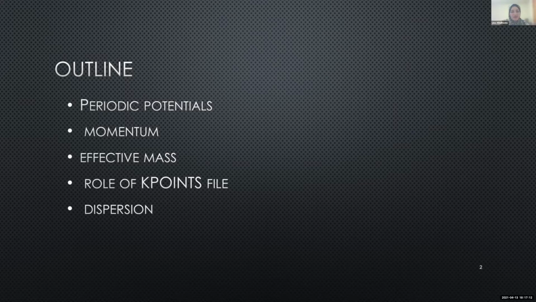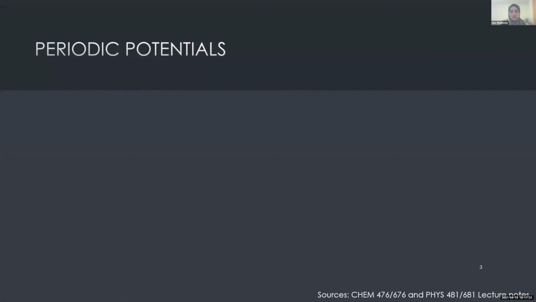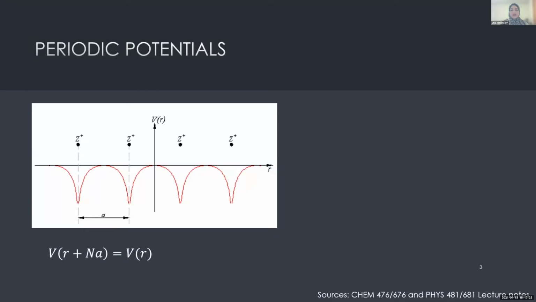So today I'm talking about periodic potentials, momentum, effective mass, the role of k-points, and dispersion. I'll start with periodic potential, and then we will see the relation between these topics.